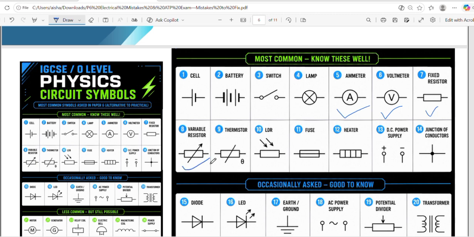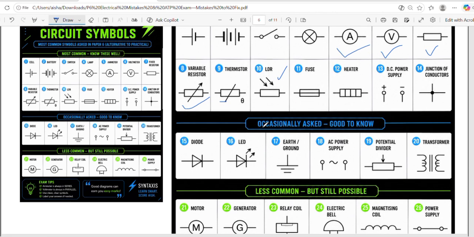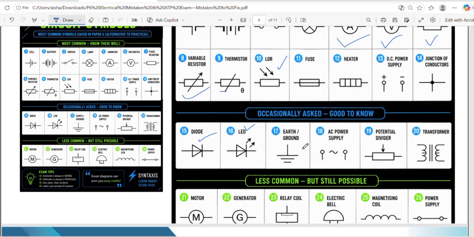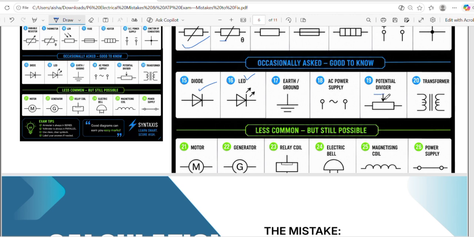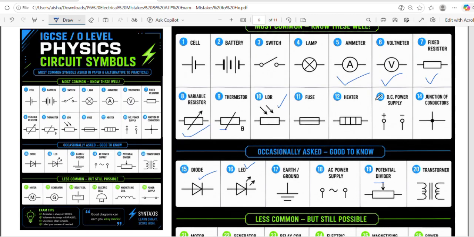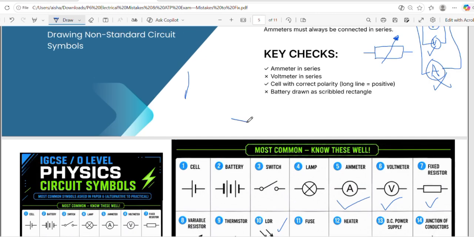Okay, this is my bad, this is wrong. Thermistor, LDR, and diode, LED, stuff like this. They usually don't ask you about anything else like potential divider or power supply or any of these. So yeah, the thermistor is like this. Okay, this is a thermistor like this.